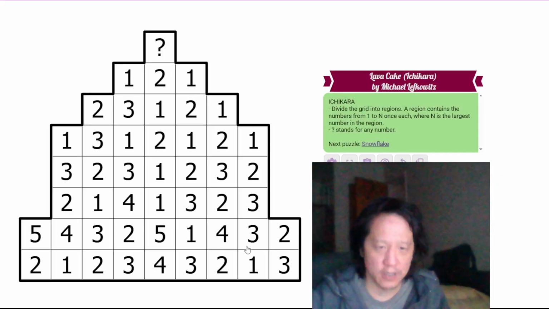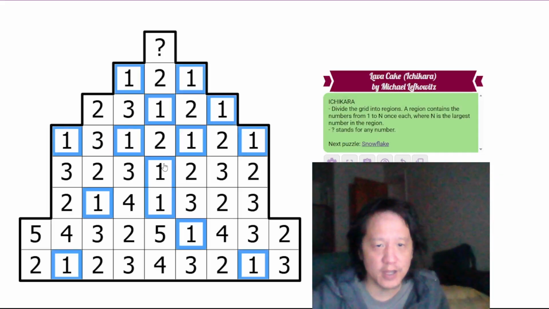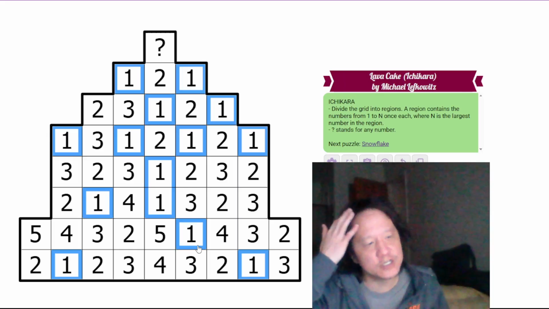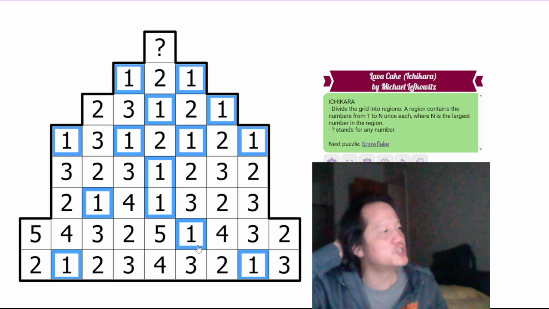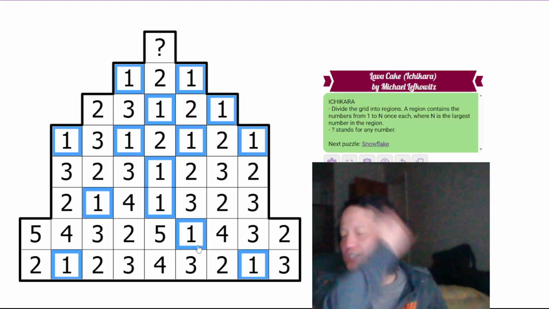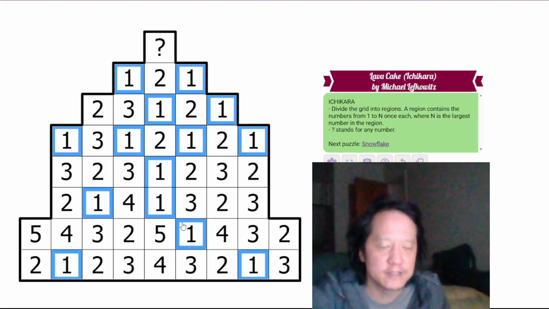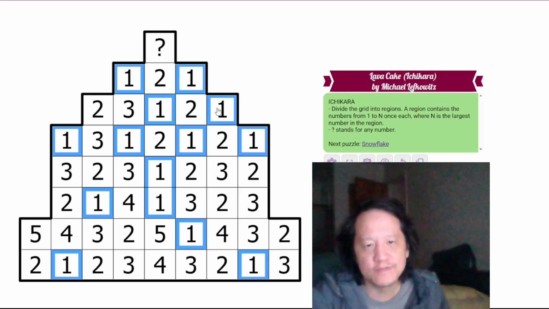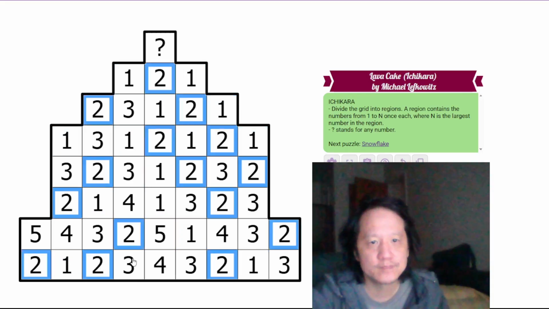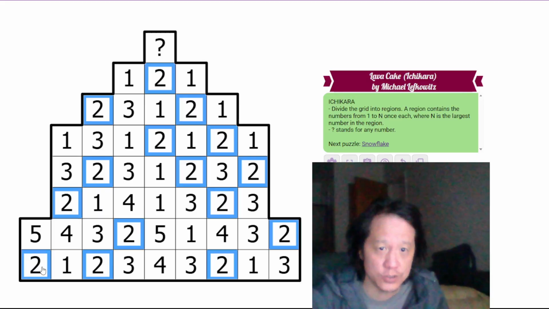Let's go. Okay, one thing I like doing in Ichikara puzzles, ooh, this is a lot, is counting up each digit and seeing how many of each there are. We have 14 ones. We have 15 twos.